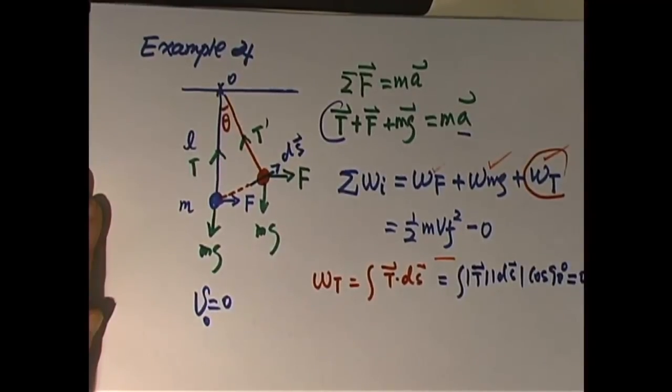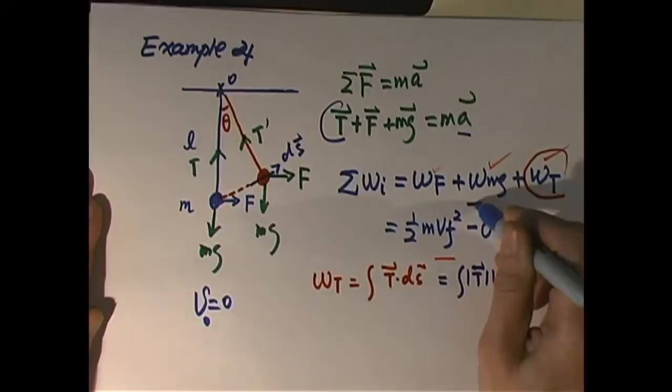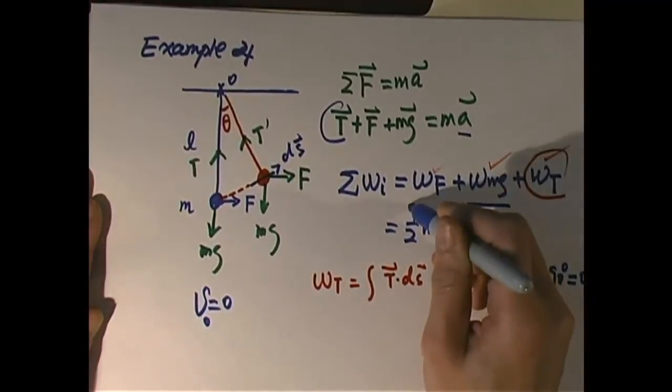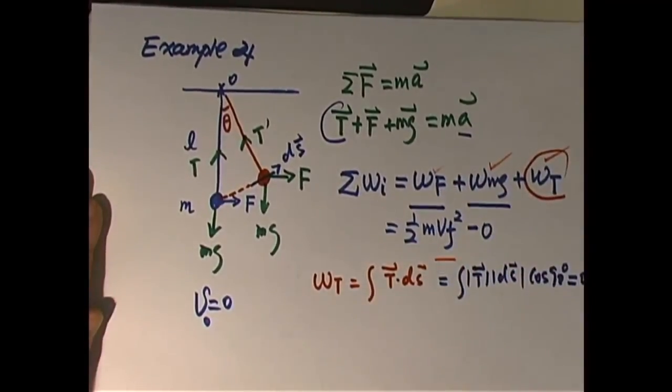That solved our problem. Even though it's a variable force, it doesn't do work, so it vanished from our equation. All we need to do is find the work done by gravity and the work done by this constant force. That will be relatively easier, okay?